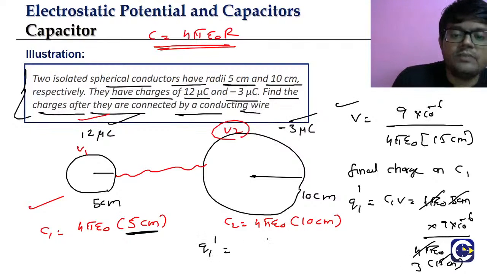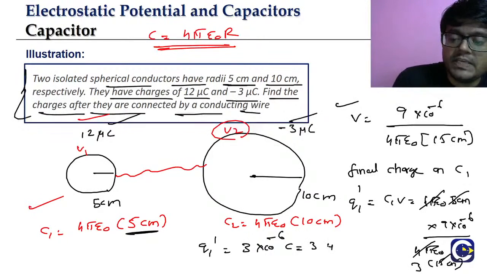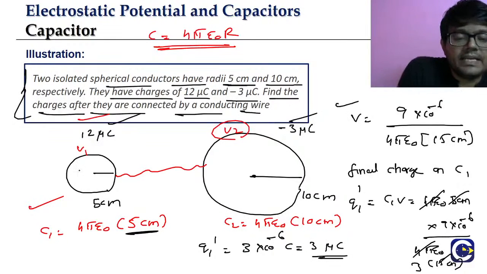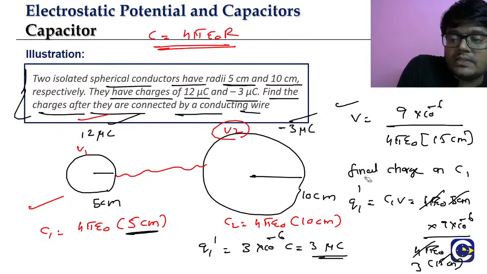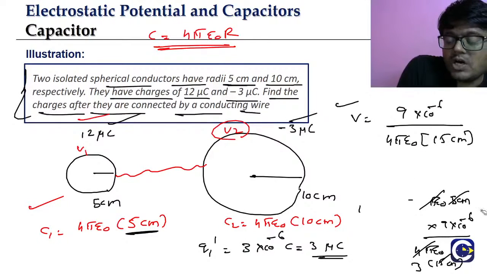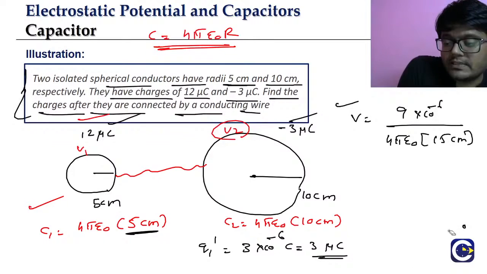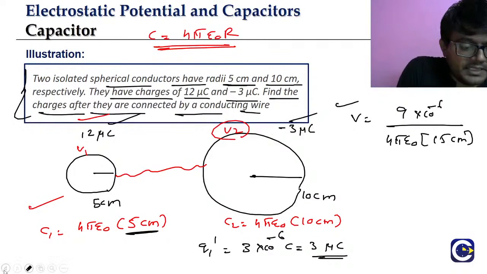So Q1 dash will be equal to what? It will be 3 into 10 power minus 6 coulombs, which is 3 microcoulombs. Okay, wow. So this is the charge on the first spherical conductor once the redistribution has happened.